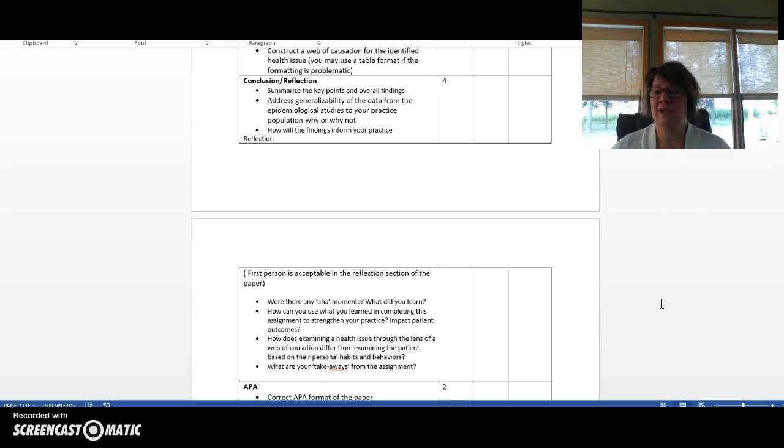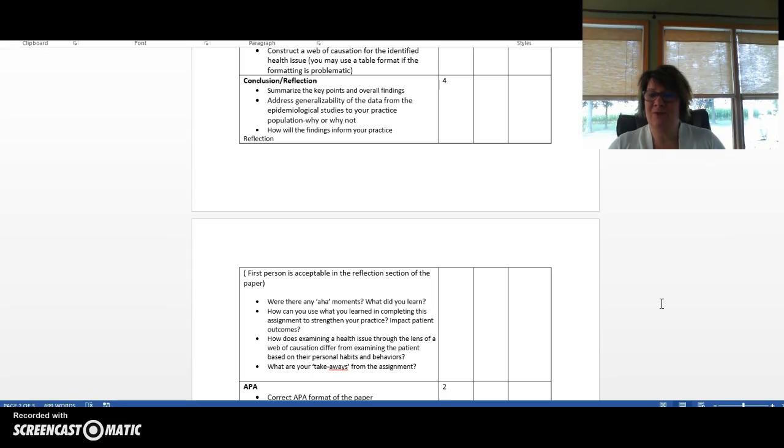So as you're winding down to your conclusion, you want to summarize, of course, your key points, and you want to address the generalizability of the data from the different studies that you've looked at. You also want to elaborate on how what you found is going to impact your practice, or how it influences your practice.